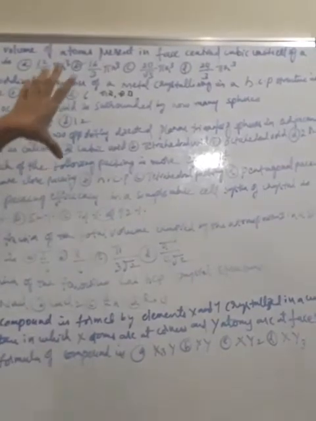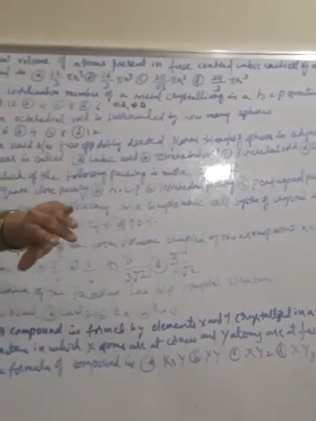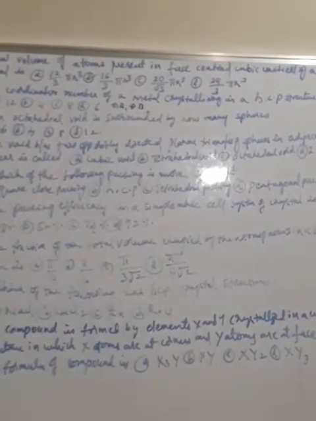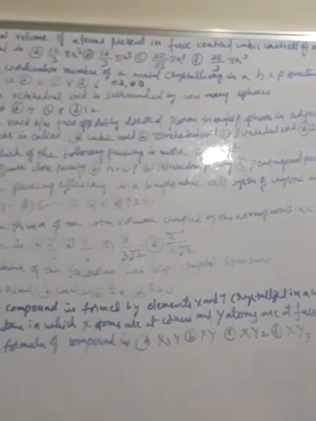If we take one sphere, it is surrounded by 6 spheres of that particular layer, 3 spheres of the above layer and 3 spheres of the below layer. So totally an atom is surrounded by 12 spheres. So the coordination number is 12.